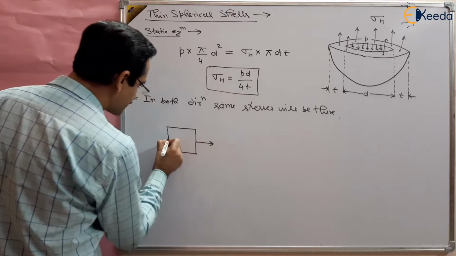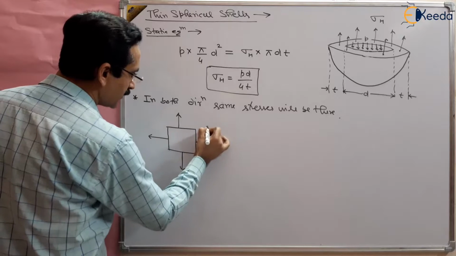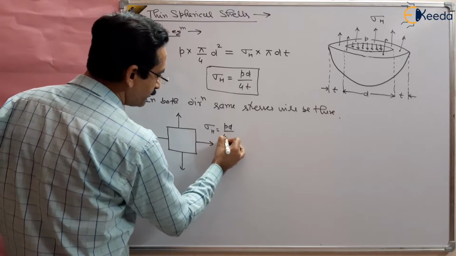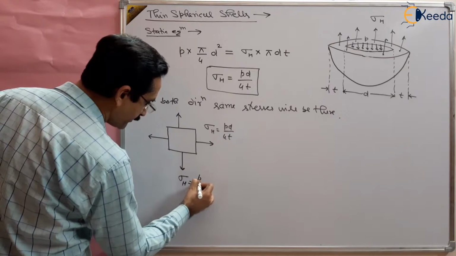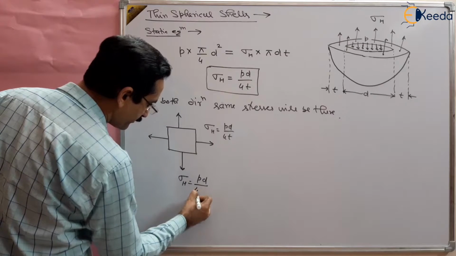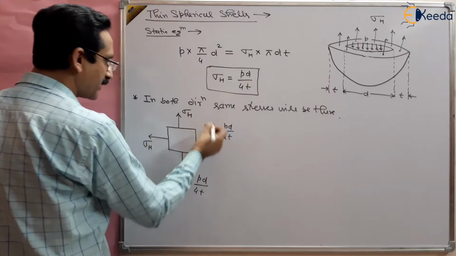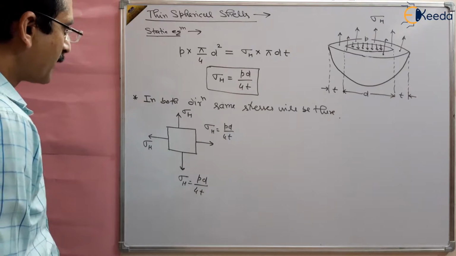This is tensile stress, and this is again tensile stress. Sigma h is given by P D by 4 t, and the same sigma h is given here, P D by 4 t. So in all directions we get sigma h, and that is P D by 4 t.